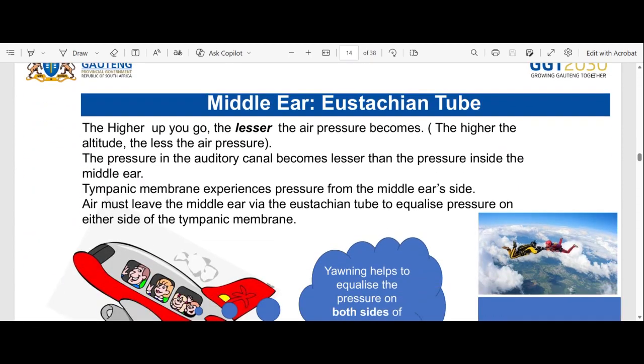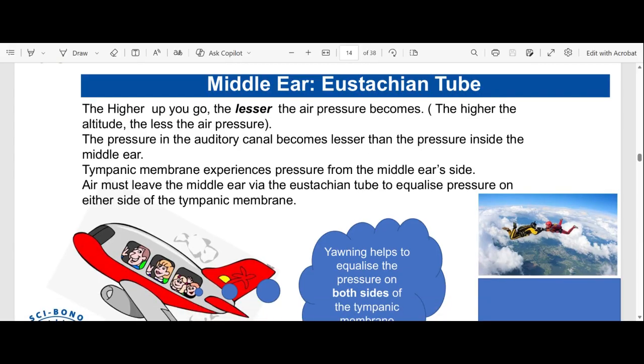Okay, let's look at what happens when you go higher. When you go higher, the pressure decreases. But now what happens? The pressure in your middle ear becomes more than the pressure in your auditory canal.